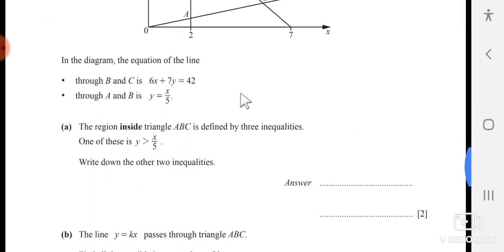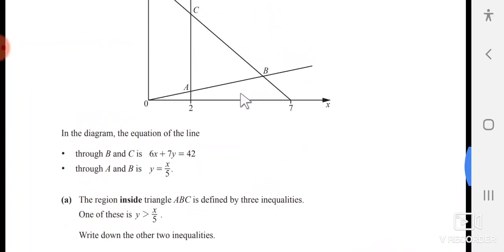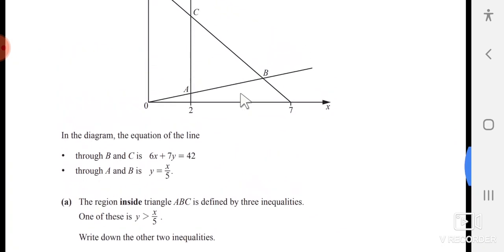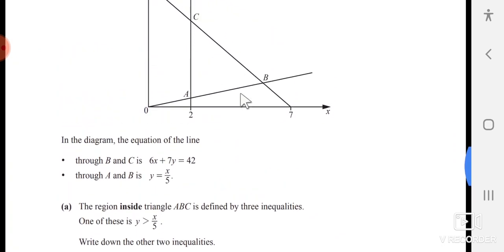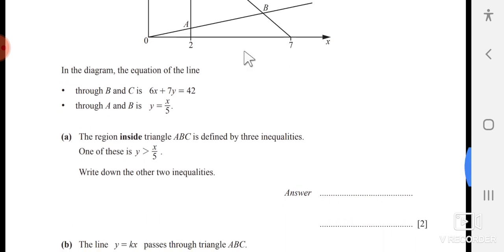Here you see it's once again a very simple question. For this question you see that 2y is equal to x over 5. This is the line for y is equal to x over 5, and the line BC is also given there. This is 6x plus 7y is equal to 42.